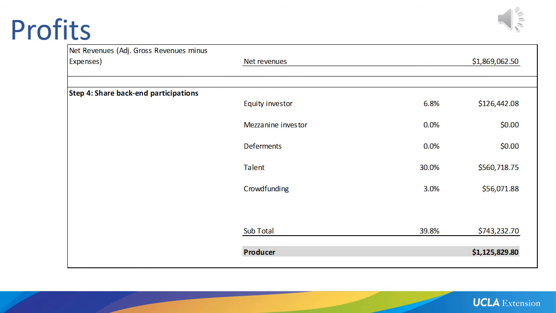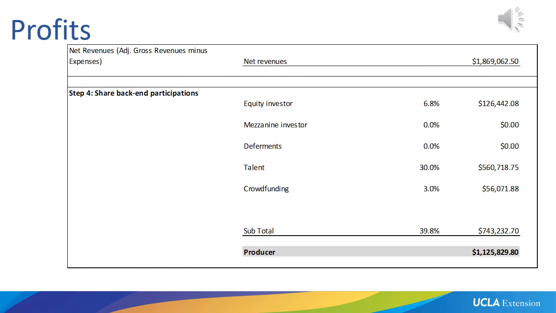So that gets us to the 6.8%, which comes to $126,442.08. The mezzanine investor does not get any profit participation.